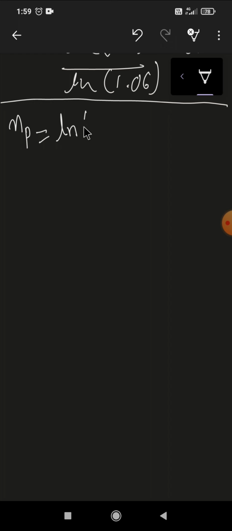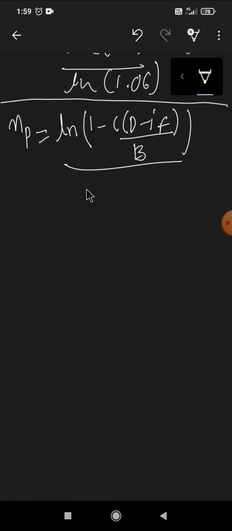So discounting is less beneficial to the adoption of renewable sources. The formula with discounting is ln of (1 minus C into (D minus IF) divided by b), divided by ln of (1 plus IF) divided by (1 plus D).